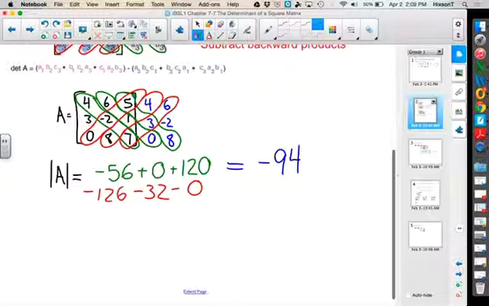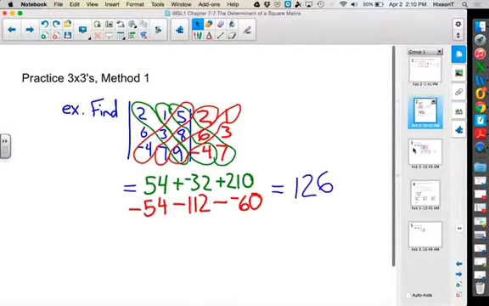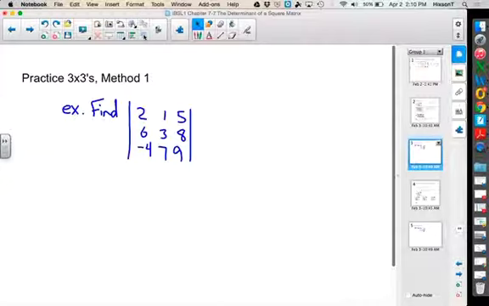Alright, so does that make sense? Everyone understand what they're doing with that? Okay, good, because here's one for you to try. We're going to do the same example for both methods, and I'm going to have you solve the same one on your own to practice for both methods. So here we have 2, 1, 5, 6, 3, 8, and negative 4, 7, and 9.